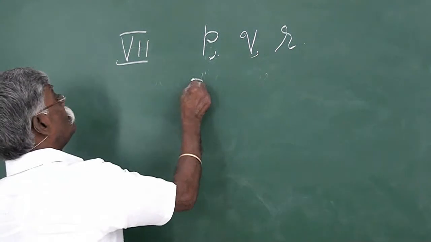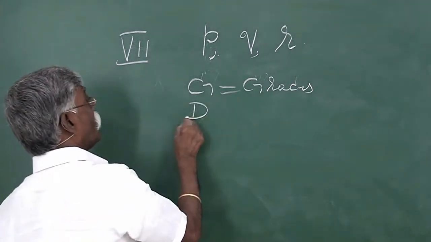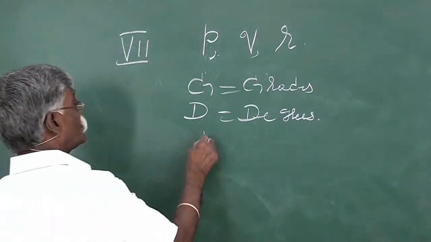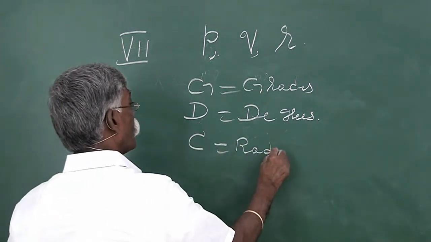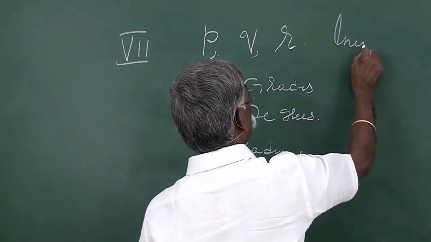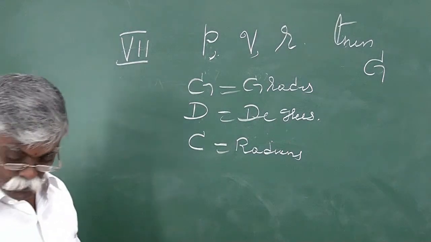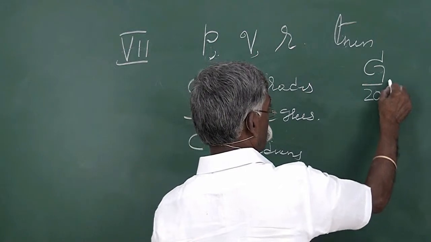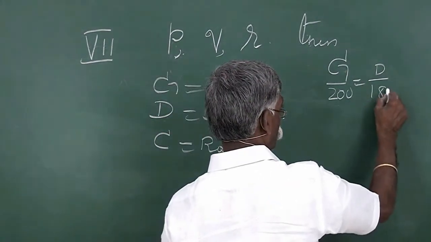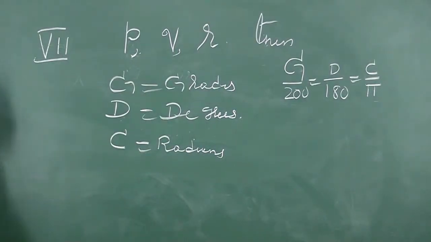When G stands for grades, D stands for degrees, and C stands for radians, then G by 200 is equal to D by 180 is equal to C by pi. This is the standard relation which we know.